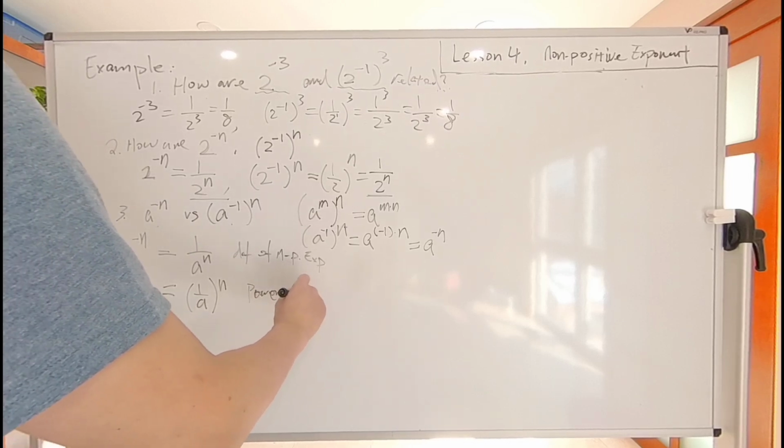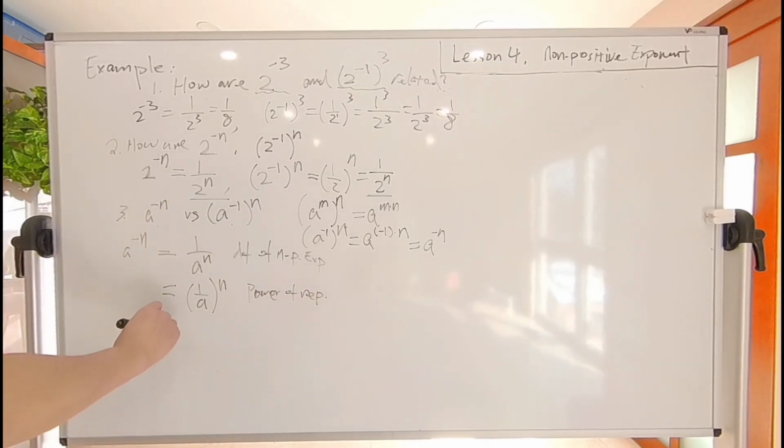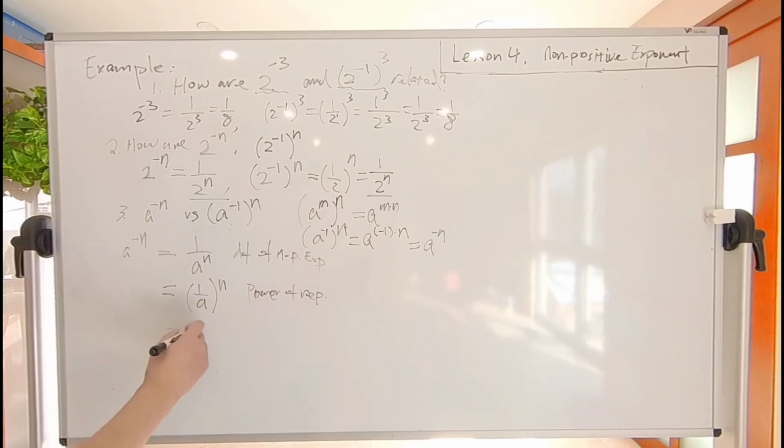And then finally, 1 over a is really just a with the power of minus 1, to the n, right? This is again the definition of non-positive exponents. So this is how we can prove it with the general case.